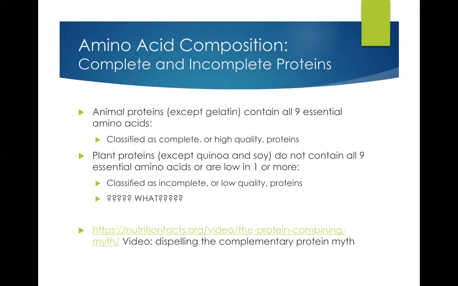And plant proteins can actually be very complete as long as we eat plant proteins in variety, meaning we mix up which plant proteins we have during the day or during the week. There are plenty of amino acids throughout plant proteins that can get us everything we need. So the terms incomplete and complete are pretty outdated, and this is a video that can explain some of the reasons why.